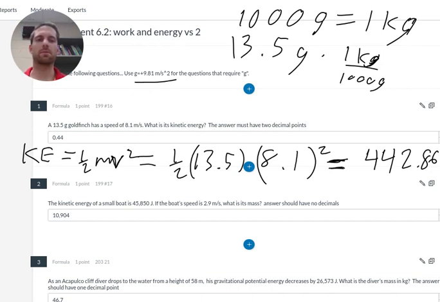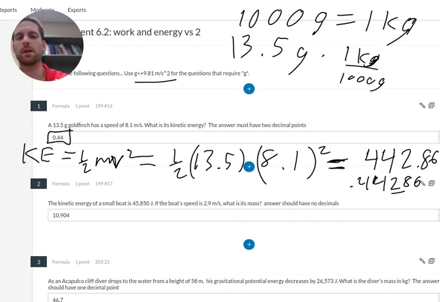So divide that number by 1,000, and I'll get 0.4428. This is 2 decimal places. Here's my third decimal, it's a 2, so I leave that off. So 0.44 is my answer. We don't put the joules though, because of grading purposes.